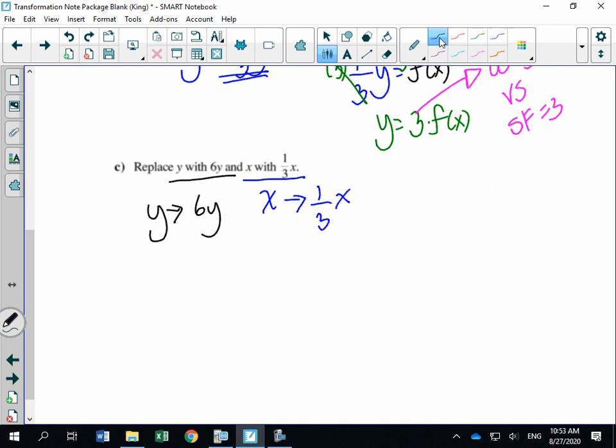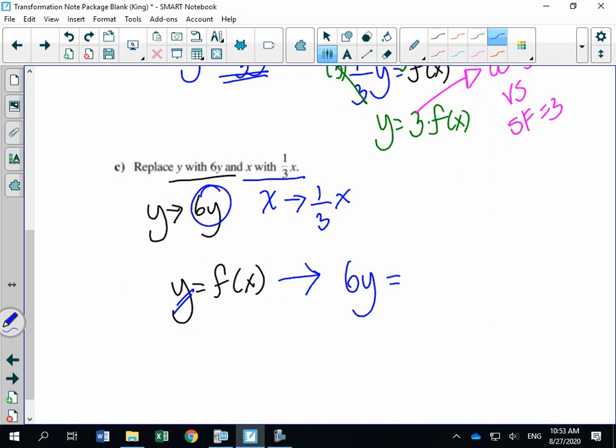Okay, so our original function is y is equal to f of x. Let's do those replacements and then see if we could figure out what the transformations were. So y is going to come out and 6y goes in. And within the function, x comes out and 1/3 x goes in.